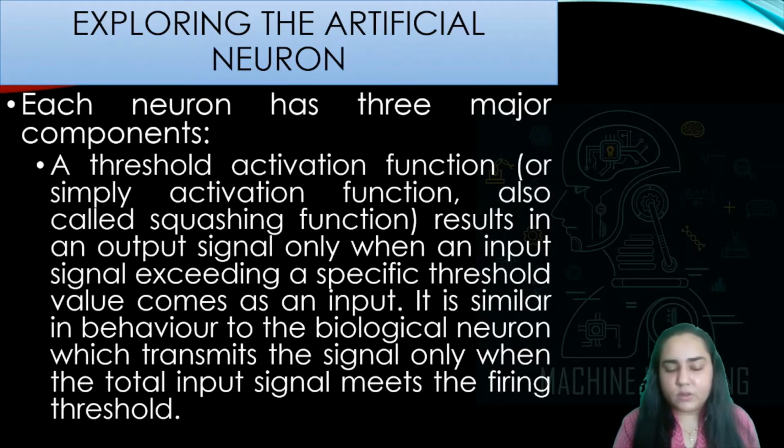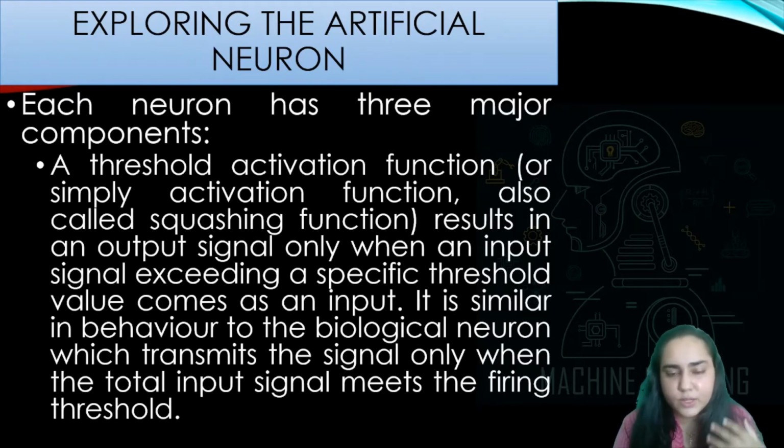So this is where excitatory and inhibitory comes into the picture. There will always be a threshold that is set up. Threshold is something that is the limit. So there is a limit set up, and if the signal that's coming in goes beyond that limit, then the output signal is generated by that particular neuron.